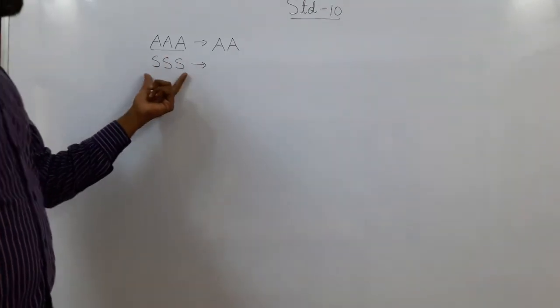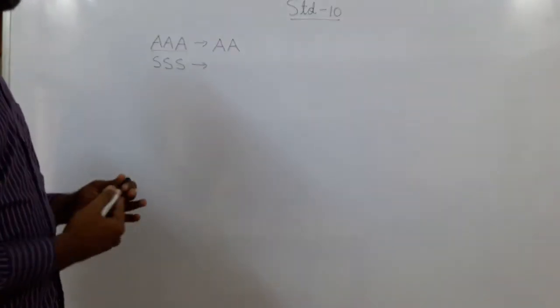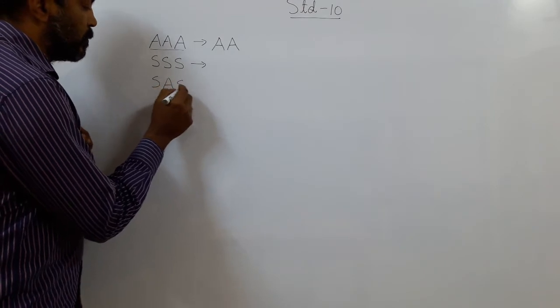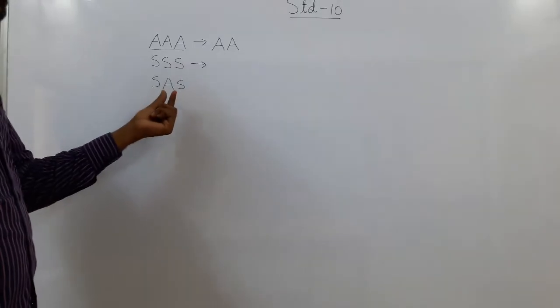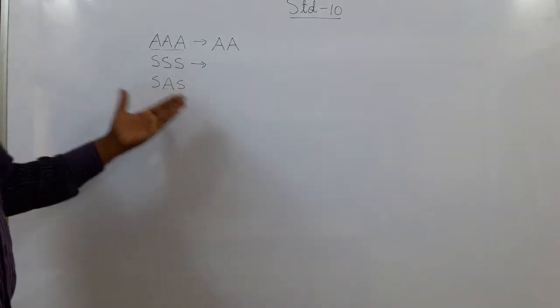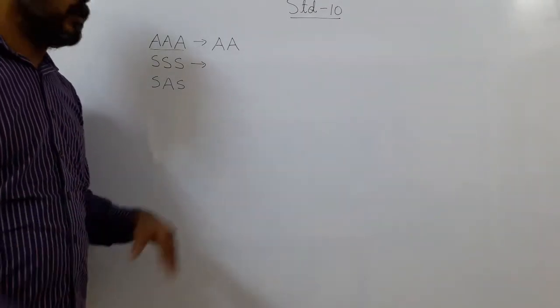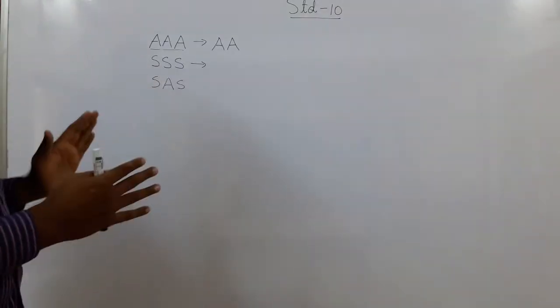And the third one we had was SAS: if two sides of a triangle are in the same ratio and the included angle is equal, then the triangles are similar. And if the triangles are similar, then the angles are equal and the sides are in the same ratio. So this is a quick revision of similarity.